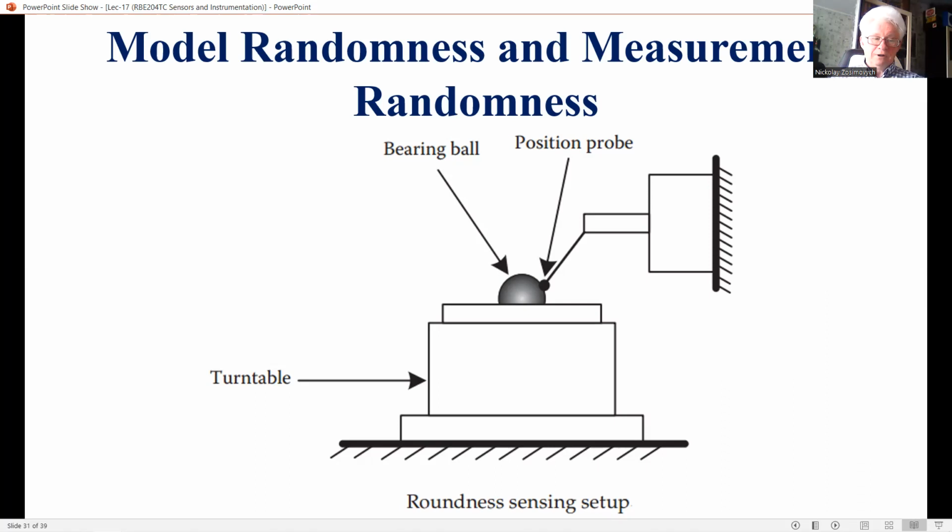And furthermore, due to the random effect in the manufacturing process, the actual ball diameter also changes randomly, albeit within some tolerance limit which covers acceptable production quality.